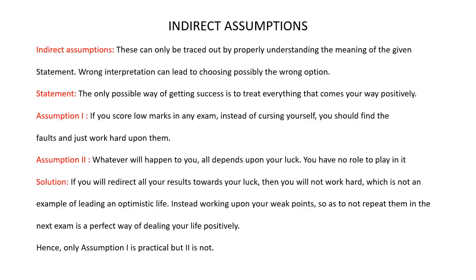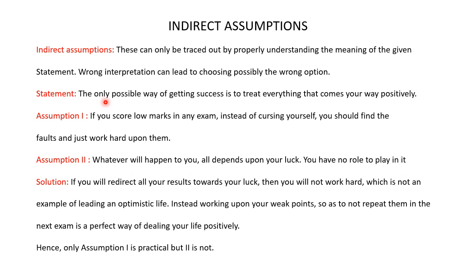Let's now learn more about indirect assumptions. Indirect assumptions can only be traced out by properly understanding the meaning of the given statement. Wrong interpretation can lead to choosing possibly the wrong option. Look at this statement.